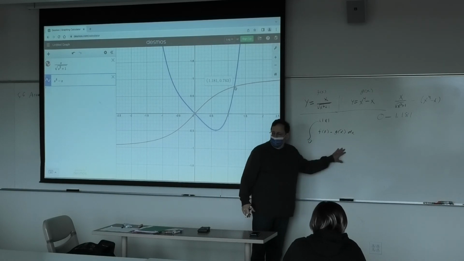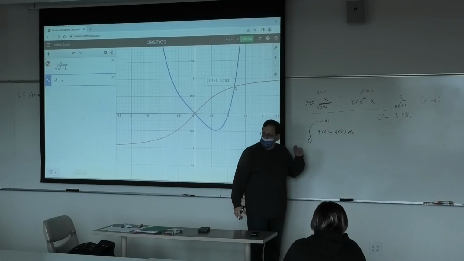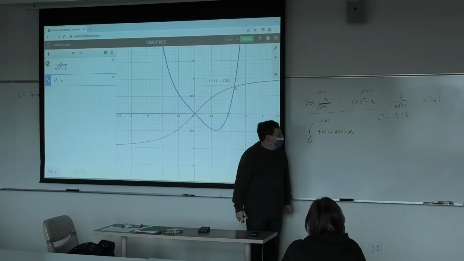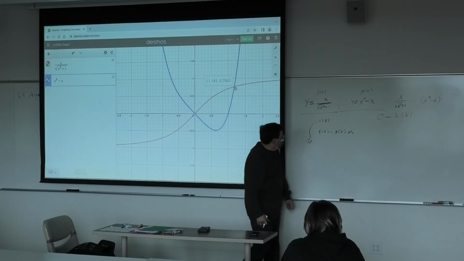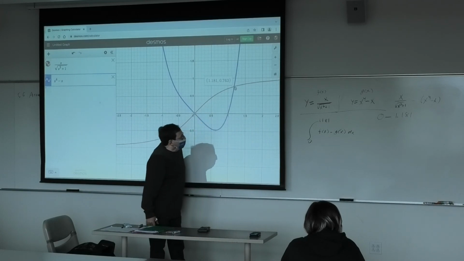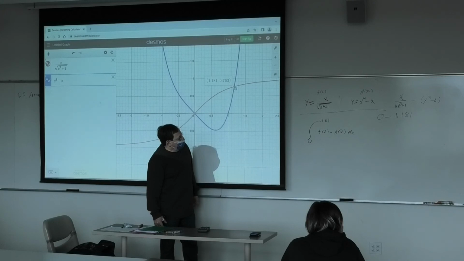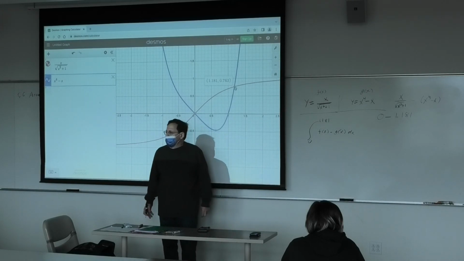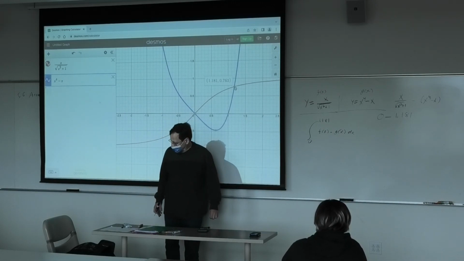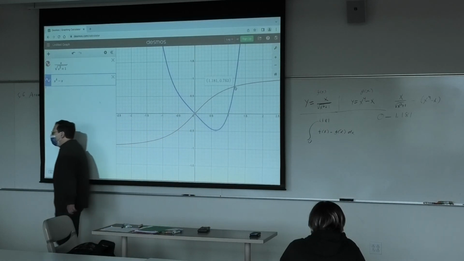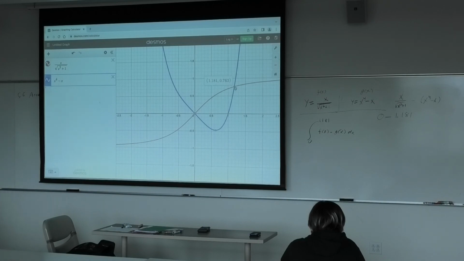You can just plug this into your TI's integral function, and you'll get this area. So again, I just want to point out that sometimes you just let technology handle the ugly parts of this. There might be a homework problem like this. I'm not sure. Okay.